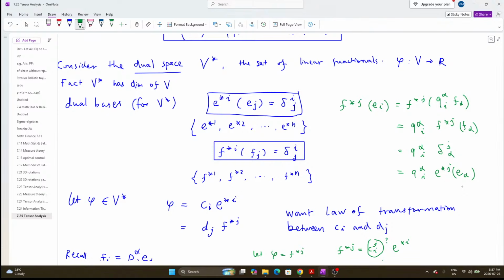I just wanted to write this as something acting on ei. If that's done, then f star j is determined. But here, instead of ei, you get an e alpha, and alpha needs to be summed over. So it's not quite that.